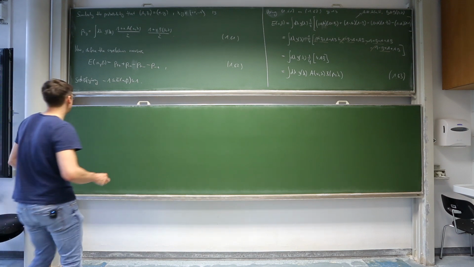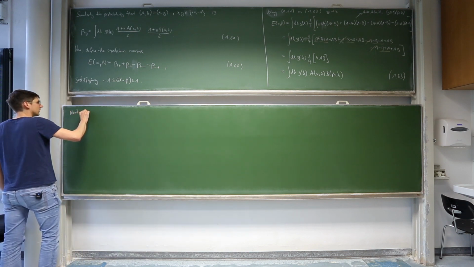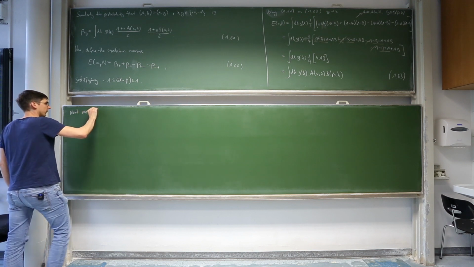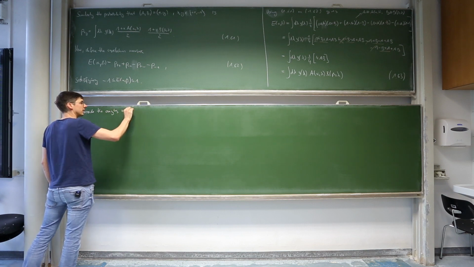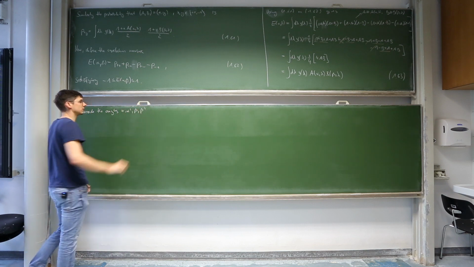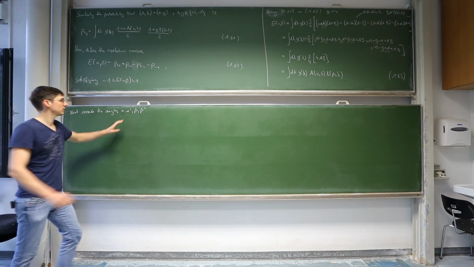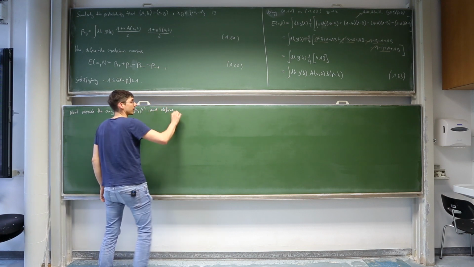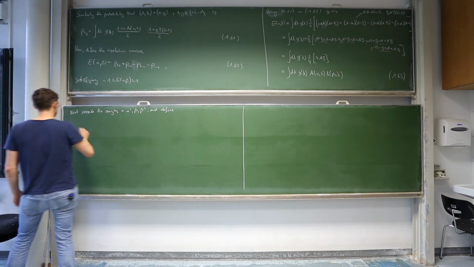So let us next consider the angles alpha, alpha prime, beta, and beta prime. So we consider two different settings for each detector and define this measure.